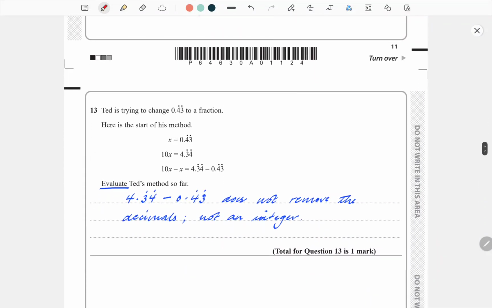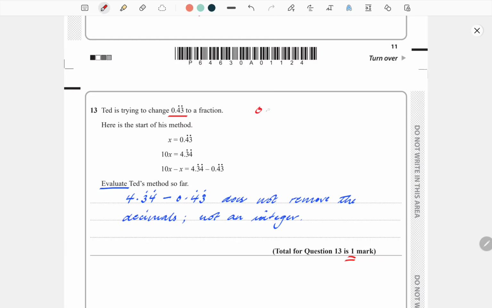Right, number 13. This one is actually only 1 mark, but you still have to explain it properly. All right? So they're trying to change 0.43 recurring. So 4, 3, all of it recurring.